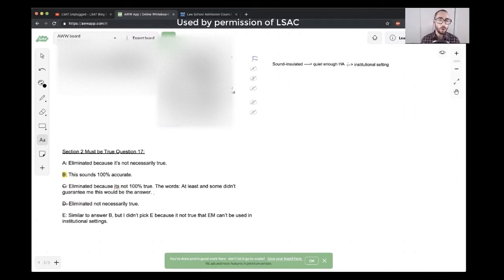Then none of the motors manufactured by EM are quiet enough to use in home appliances. So they're essentially negating this variable in particular and giving it to us as a concrete statement. So on the side, we can write not quiet enough home appliances.